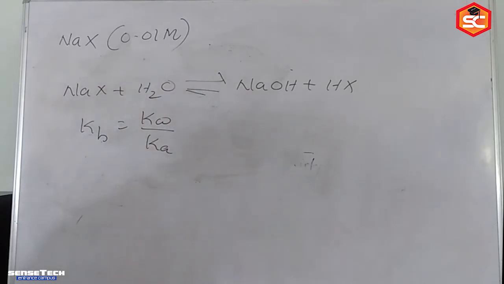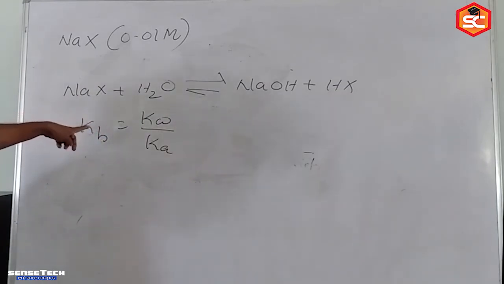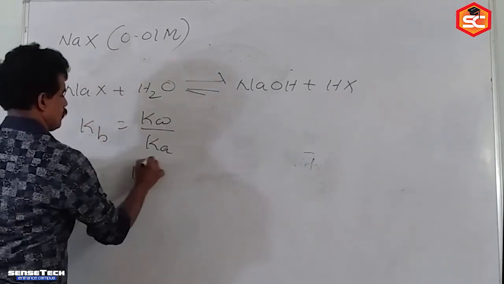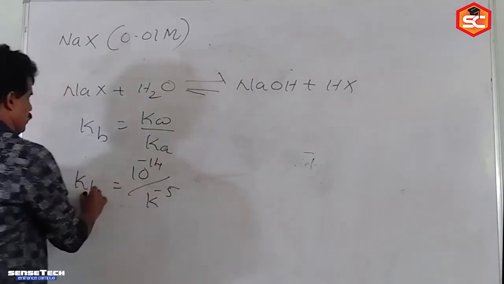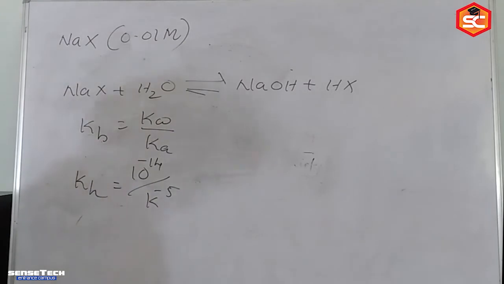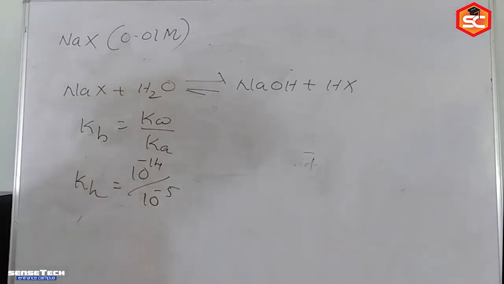What is Kw? 10 to the power minus 14, the ionic product of water. 10 to the power minus 14 by 10 to the power minus 5, Ka given in the question. So you are getting Kh.